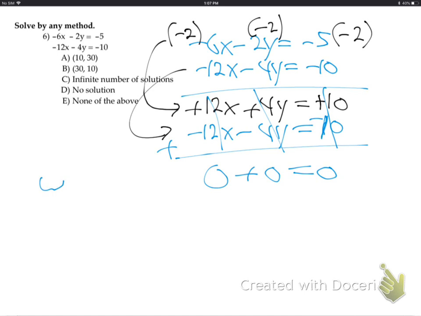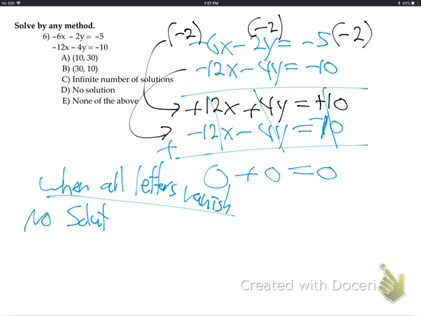So here's the rule. Let me write it again for you. When all letters vanish, there's 2 options. It's no solution or infinite solution. How do you know which? It's no solution if there's no truth, like 0 plus 0 equals 3 or something.